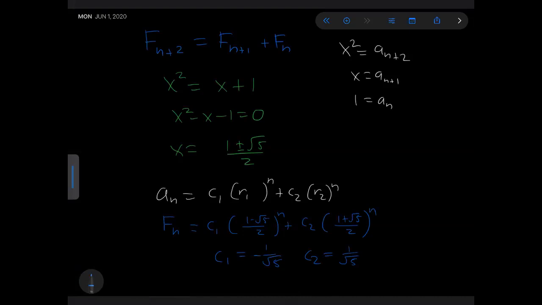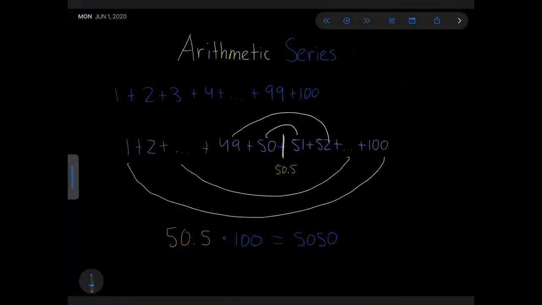So how do you find this? Well, you take your first couple terms. You know that a of 1 is equal to 1 and a of 2 is equal to 1. You get two equations, solve the system of equations, and you get these values. When you plug them back in, you're going to get f of n is equal to -1 over root 5, times 1 minus root 5 over 2 to the n, plus 1 over root 5, times 1 plus root 5 over 2 to the n.